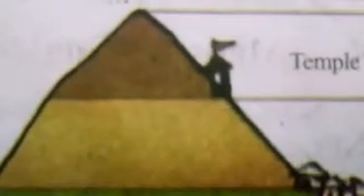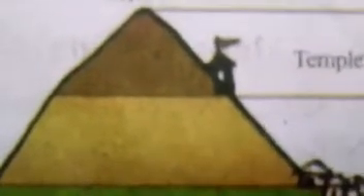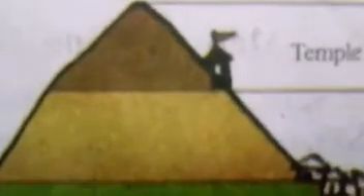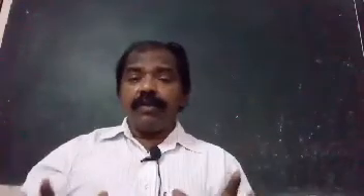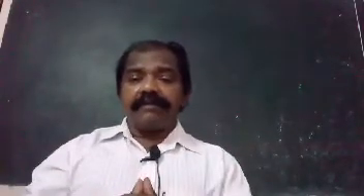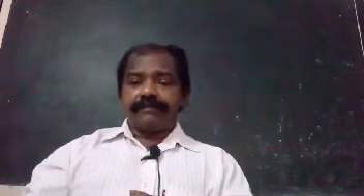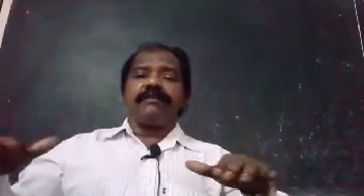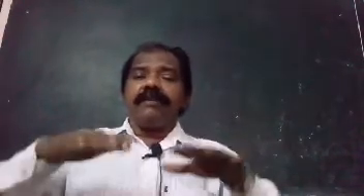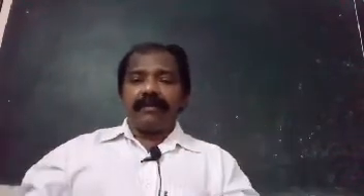The seas in the world are connected to each other. As a result, the water level on the surface of the earth is said to be the same level.